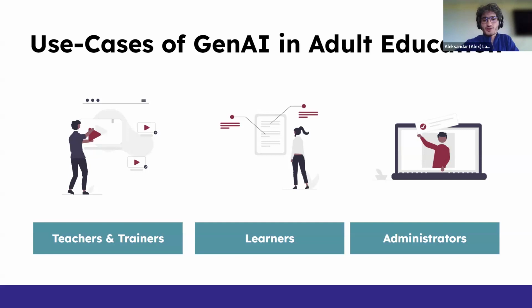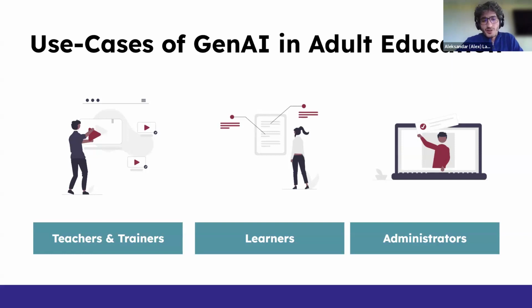And then in terms of learners, we see a lot of openness when it comes to individually learning or going through difficult concepts. We see a lot of learners going to ChatGPT by themselves and trying to understand concepts independently. This is really powerful if you can combine it as a part of your learning design in adult education as well.